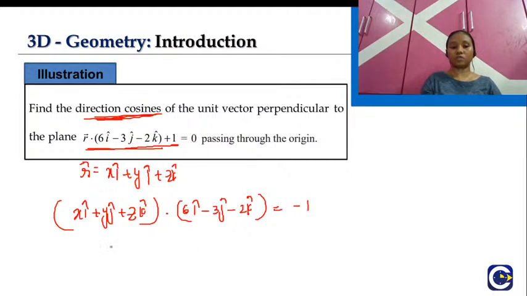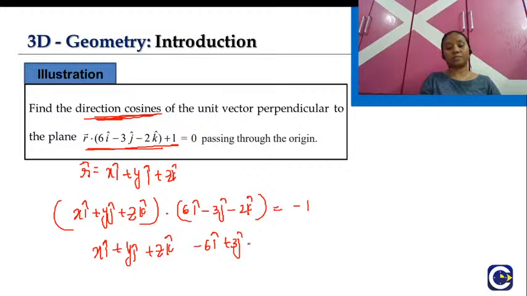Distance cannot be minus 1, so simply multiply by minus 1. If we multiply, it will be minus 6i cap plus 3j cap plus 2k cap is equal to 1.